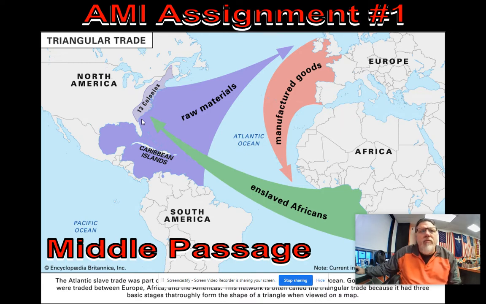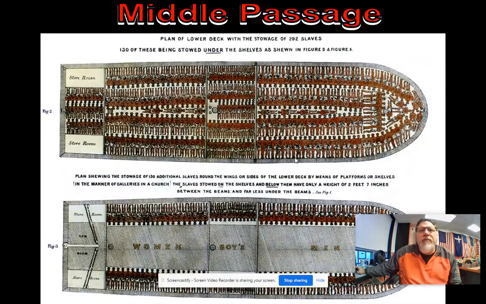Africans turned out to be great for it because they could withstand disease, they were physically strong, and they just did better than Native Americans that were used as slaves by like the Spanish down in Mexico. And after these slaves would grow the raw materials or cash crops, those materials would be taken back across the Atlantic Ocean to Europe to once again be turned into manufactured goods and then resold back to Africa, and the triangle just continues.